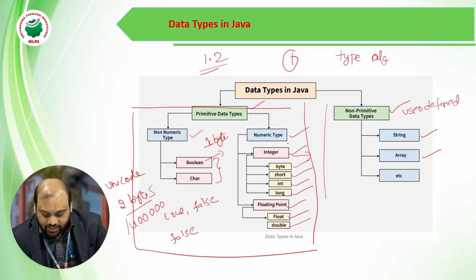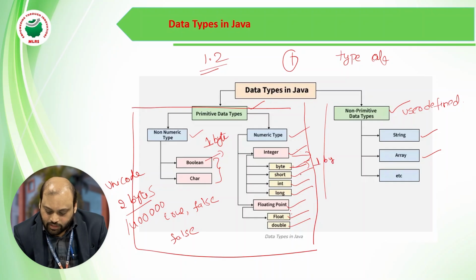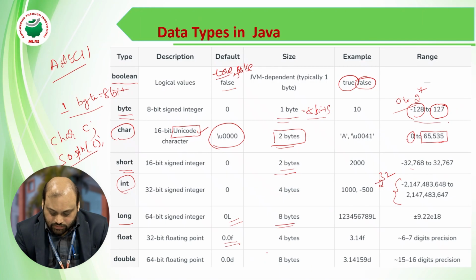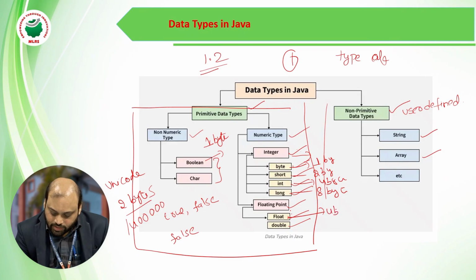In the same way for integer types: byte is 1 byte, short is 2 bytes, int is 4 bytes, and long is 8 bytes. Float is also 4 bytes, and double is 8 bytes.